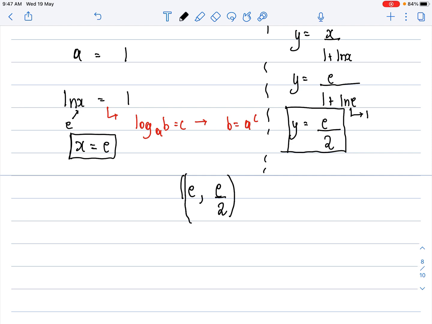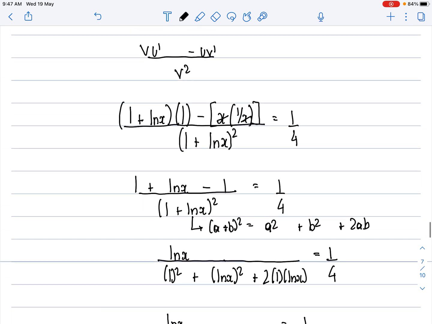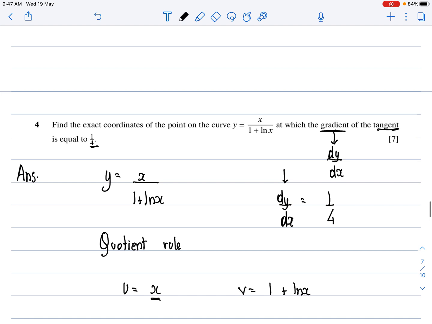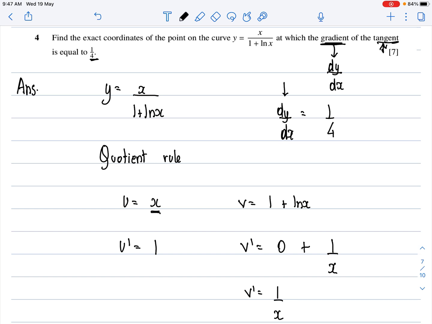Now we are done with the sum. But I want to ask you one thing. If they had said this is the gradient of the normal, what would you have done? There is a concept of tangent and normal which you would have done in AS level also.